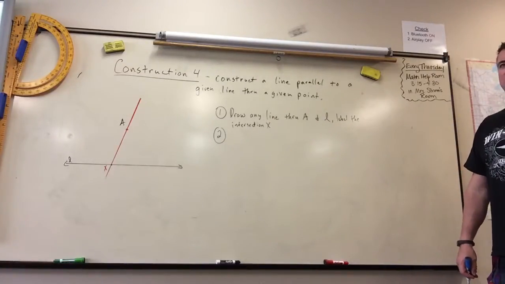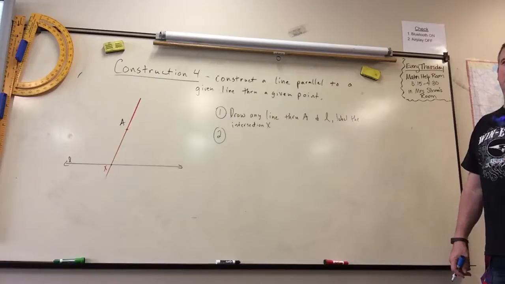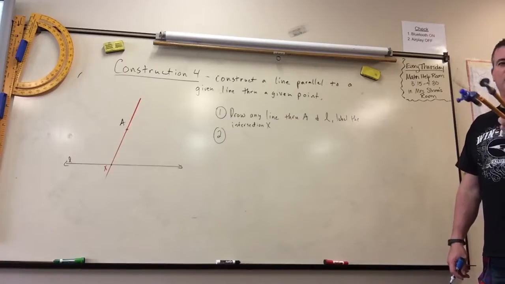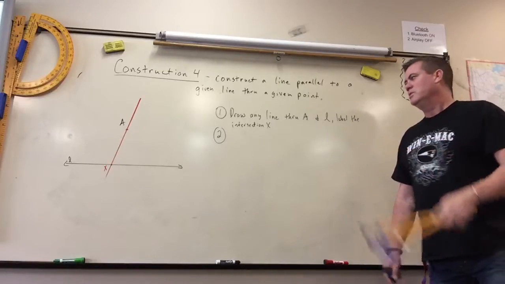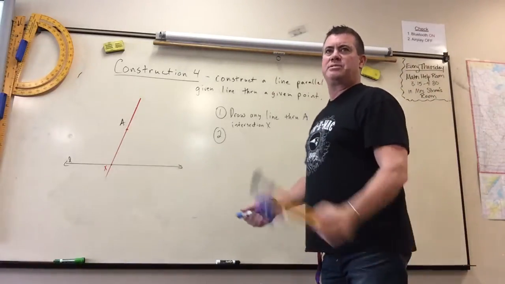So now, this next step, we've already done, because one of our constructions we did was copy an angle, right? So we don't have to go through the steps again since we've already explained it.